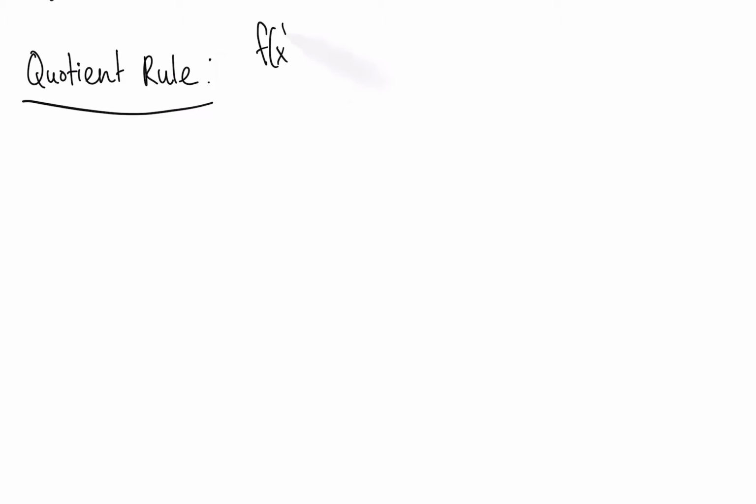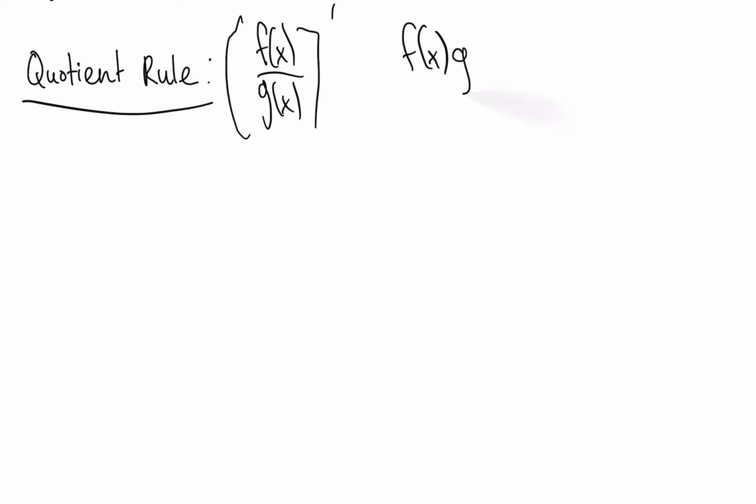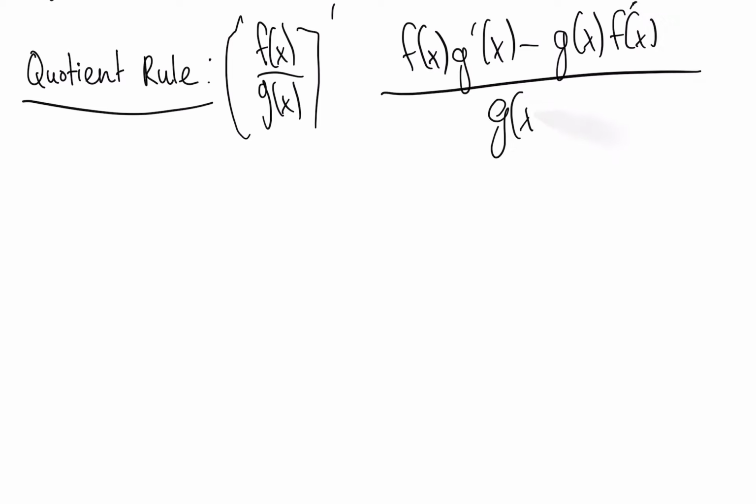And it's actually a little more complicated than the product rule. But this is the quotient rule. So you have the top function times the derivative of the bottom function minus the bottom function times the derivative of the top function over the bottom function squared.